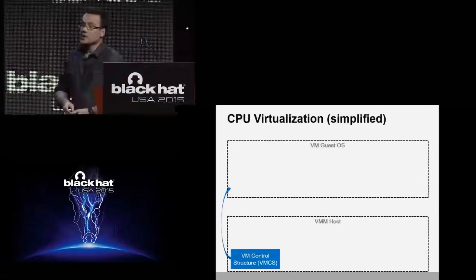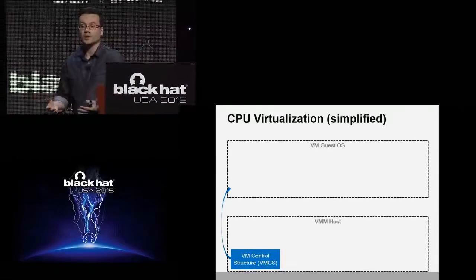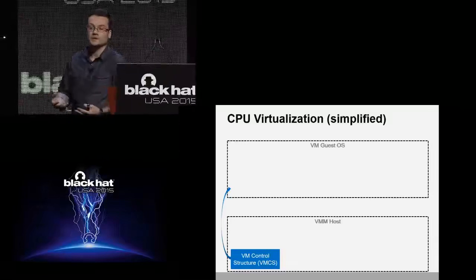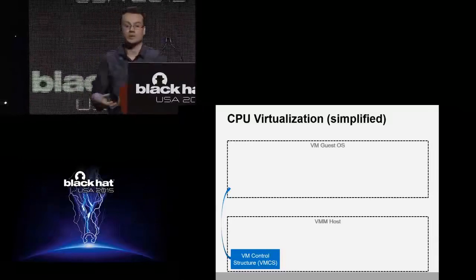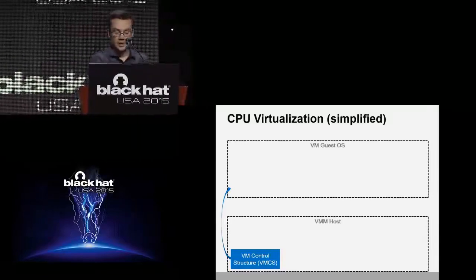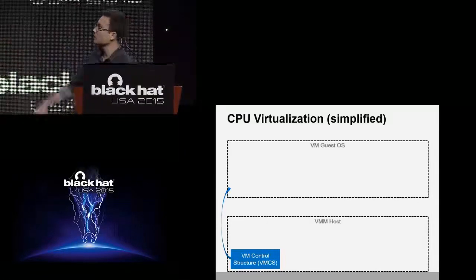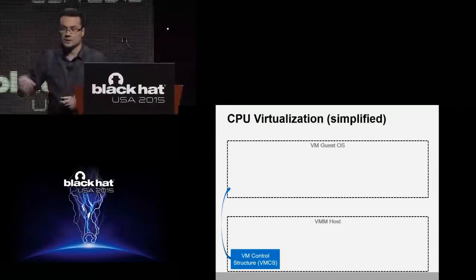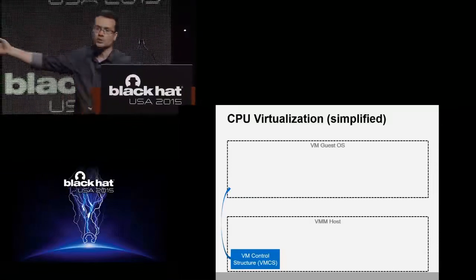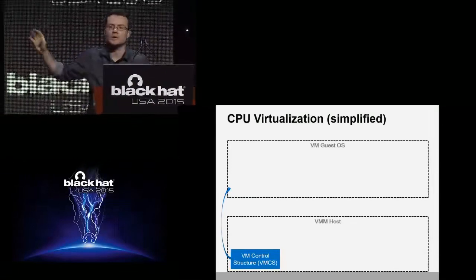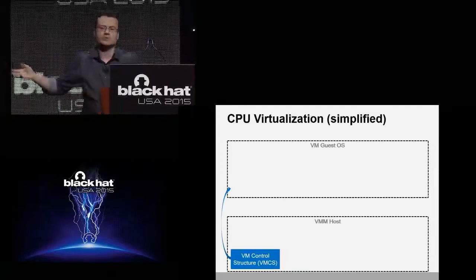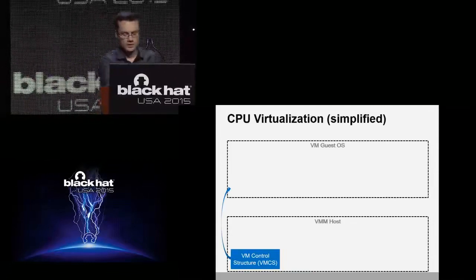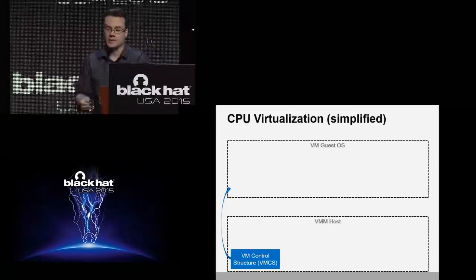So the way hypervisors trap on certain events that happen within the virtual machine: there is a VMM host, which is basically your VMM, and there is a VM guest, which is controlled by a structure called either the VM control structure or VM control block. So basically, it just governs the behavior of the VM guest.